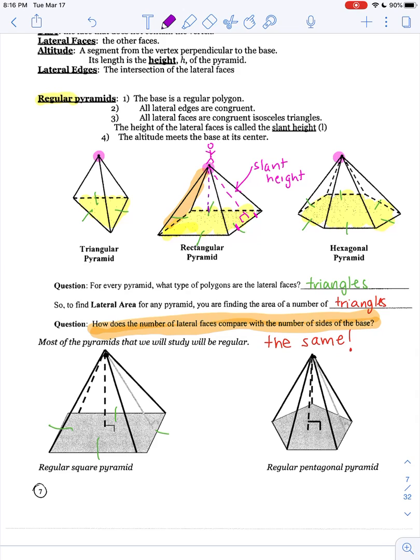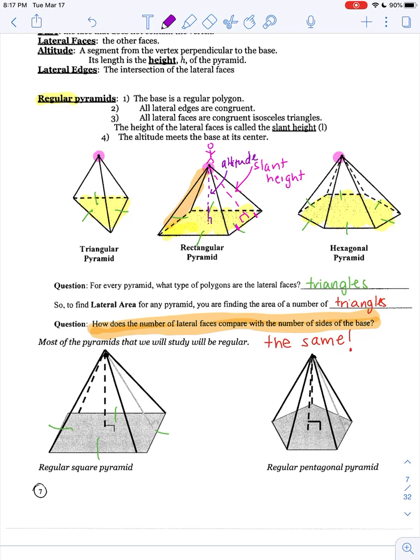So in purple, I'm trying to do the best I can to draw a line that goes straight down, perpendicular with the base at the bottom. That is what we call the altitude. So that is a different measurement than the slant height that you have coming down the side of the pyramid.